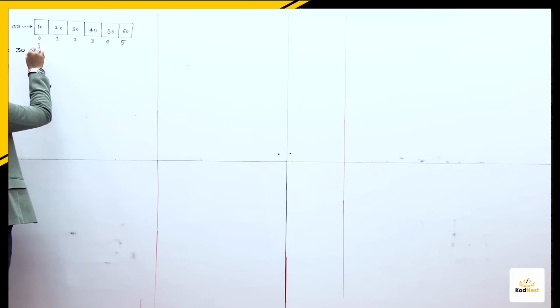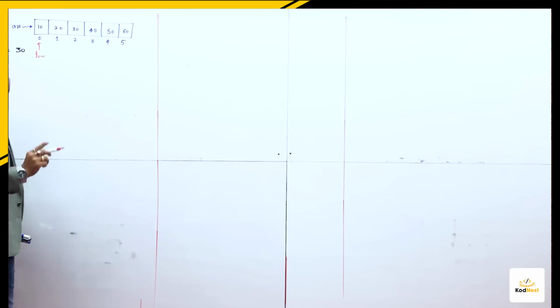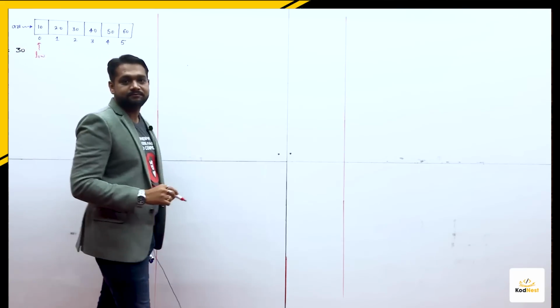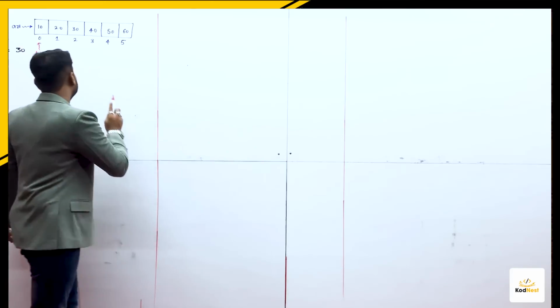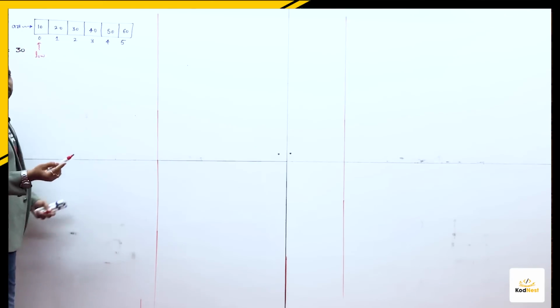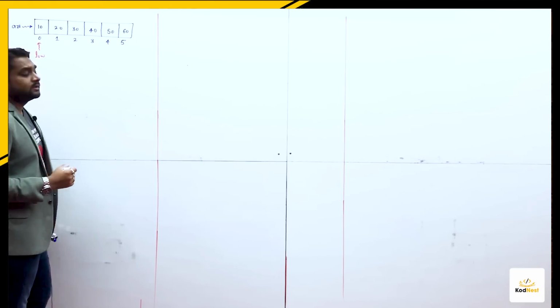First, you have to make one variable called low to point to the 0th index. That is how the algorithm goes. That is what the binary search algorithm's inventors told. Make a variable called low to point to 0. Very easy, we can make it.